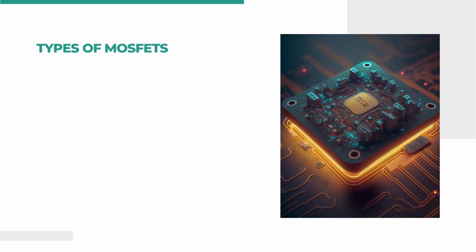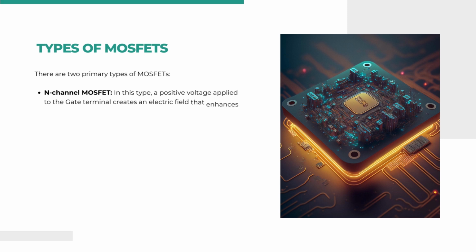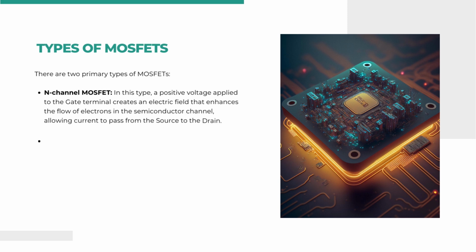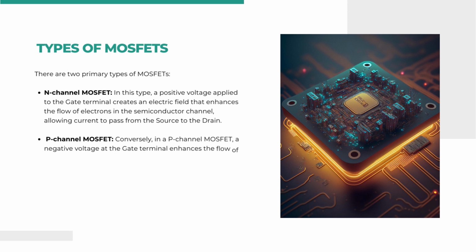So, moving towards the types of MOSFETs, there are primarily two types of MOSFET. The first one is N-channel MOSFET. In this type, a positive voltage applied to the gate terminal creates an electric field that enhances the flow of electron in the semiconductor channel, allowing current to pass from the source to the drain.